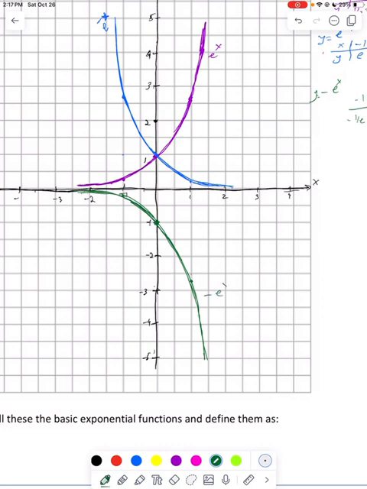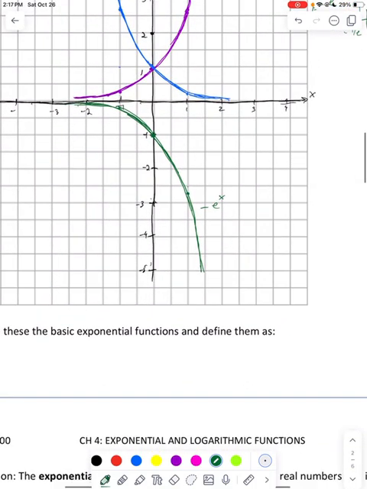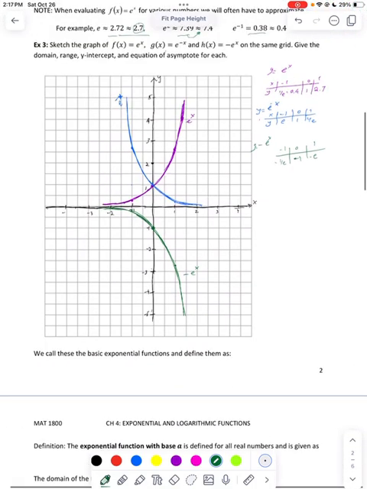This is the reflection of the purple graph, the e to the x graph, about the x-axis. We call them the basic exponential functions.